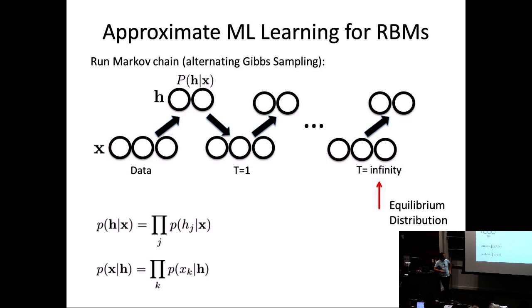So how does the approximate algorithm actually work? You have the data, you infer the hidden states, you sample the hidden states, you sample the observed states, you sample the hidden states, and then you go ideally all the way up to infinity, because at infinity you get exact samples from the model.